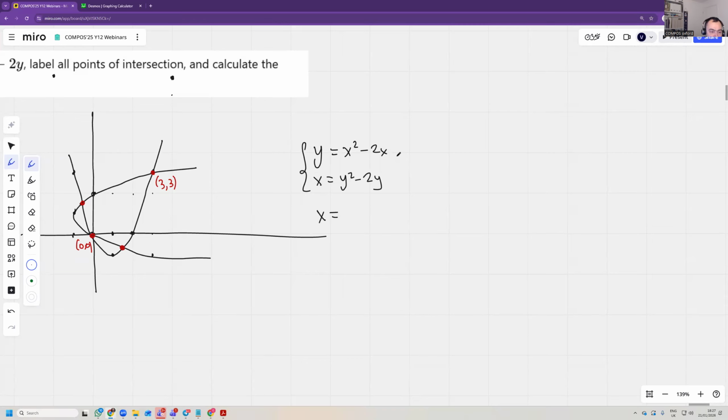So x is equal to x squared minus 2x, squared, minus 2 times x squared minus 2x. So x is equal to x to the power 4 minus 4x cubed plus 4x squared, minus 2x squared plus 4x.